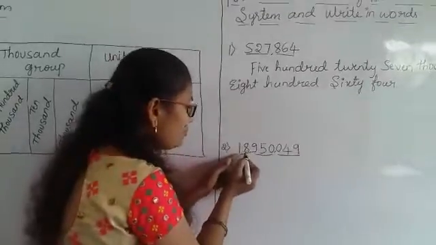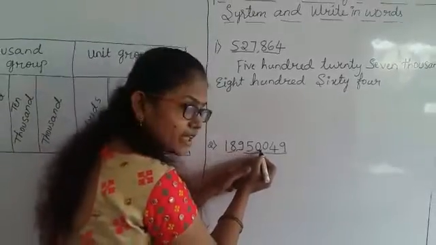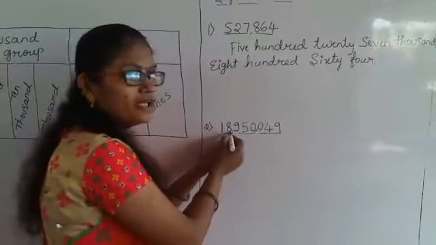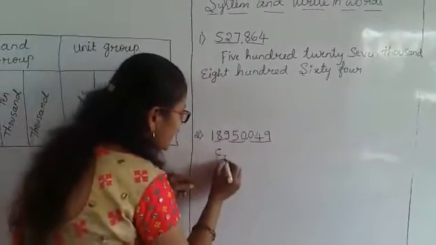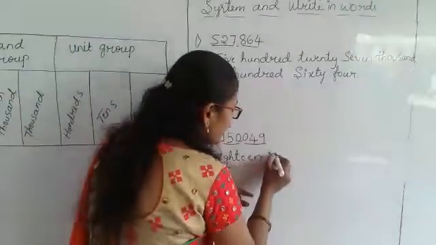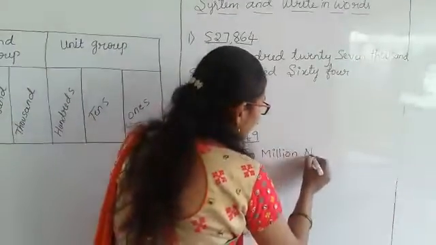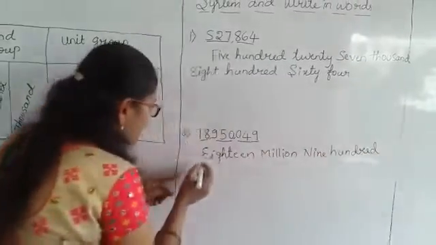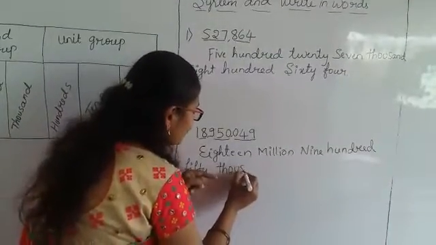See, 18 million, 950,049. One more time I will repeat carefully. 18 million. How many thousands? 950,000.